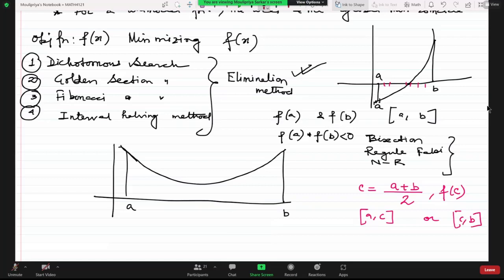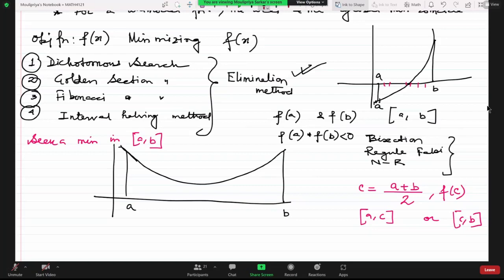Do you remember till this? Yes. Fine, that much would be enough. Now, in the elimination method, what is our objective? Our objective is to seek a minimum in AB.